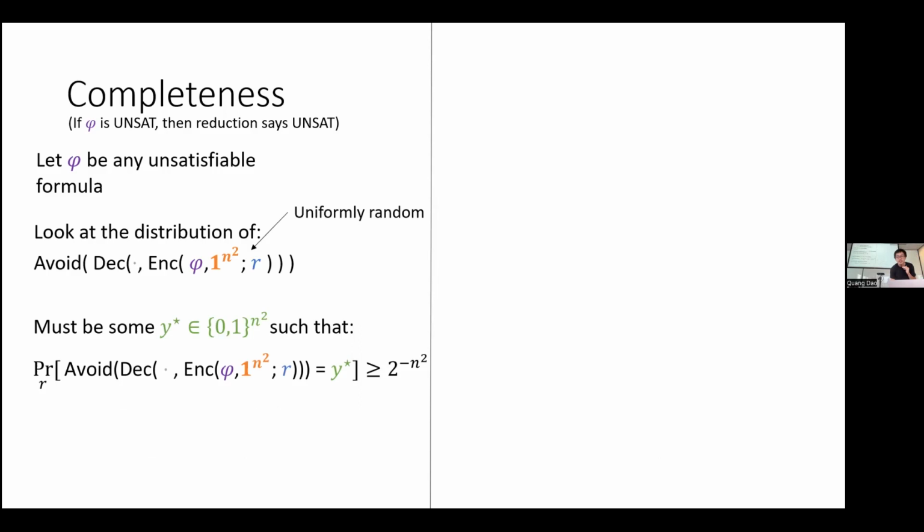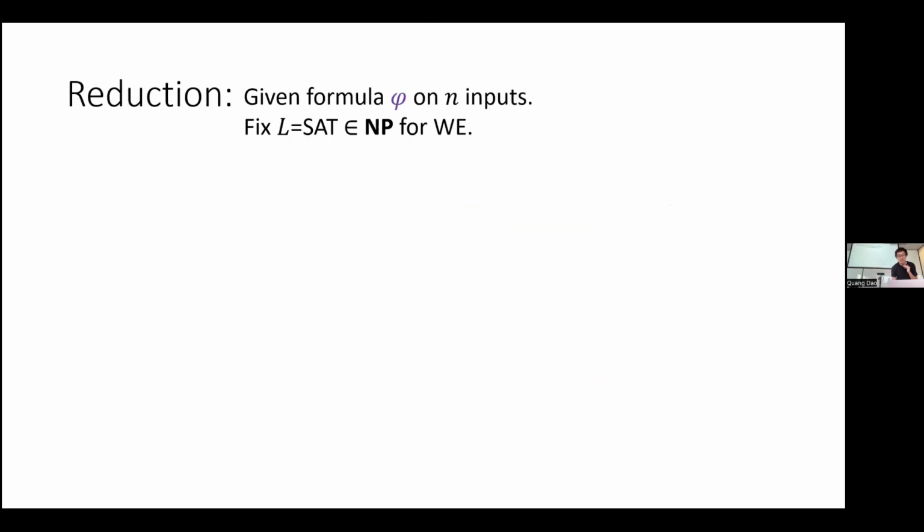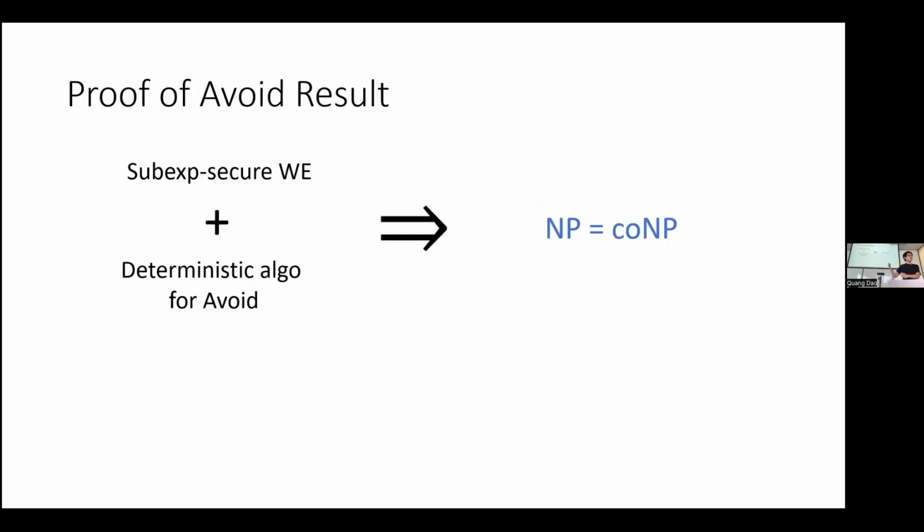So you're proving UNSAT is in NP. Yes, correct. This is our plan: we want to prove NP equals coNP, which is like UNSAT can be solved in NP. Just to clarify, UNSAT is coNP-complete. Yes.